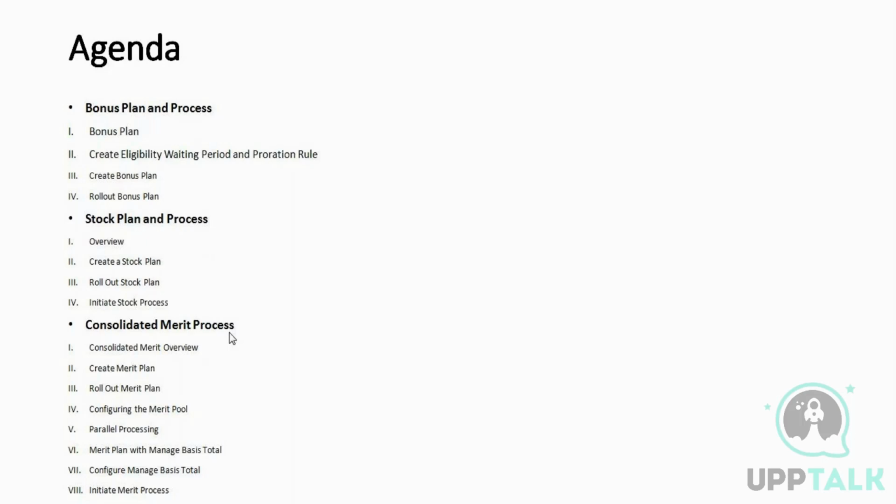So the consolidated merit process is a very important concept. Though you're learning all those things, these are actually just creations. Like you'll be creating a bonus plan, and a stock plan.